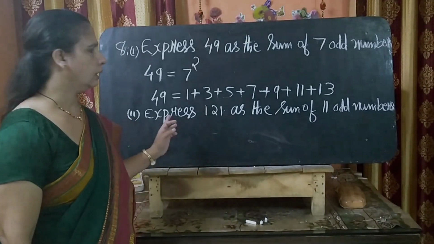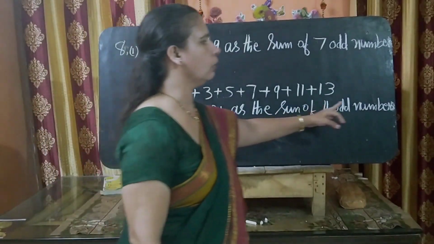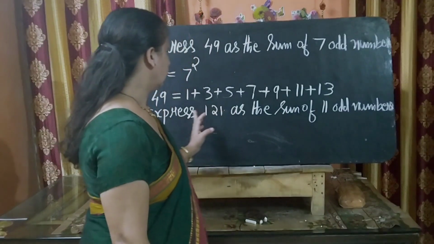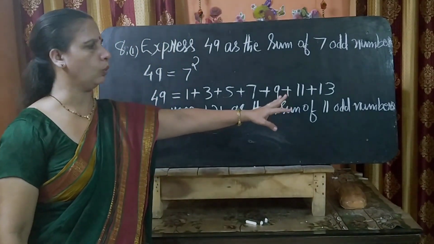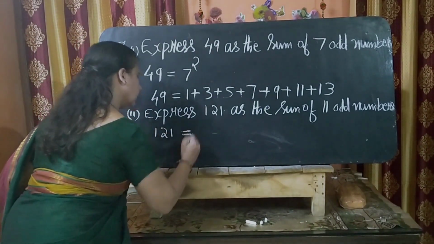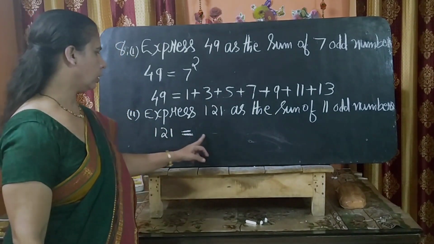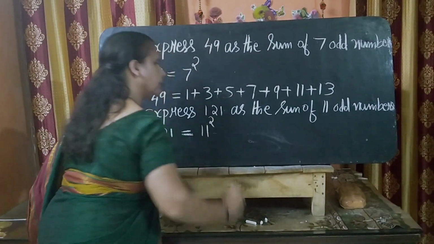The next question is: express 121 as the sum of 11 odd numbers. 121 equals the square of 11, that is 11 square.